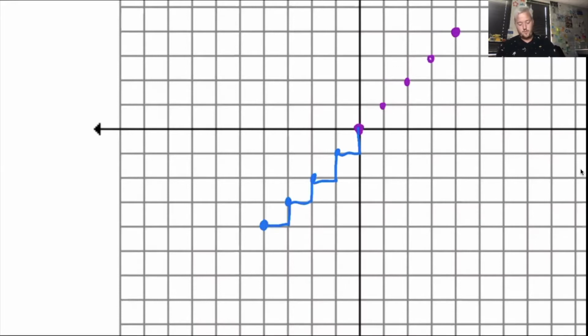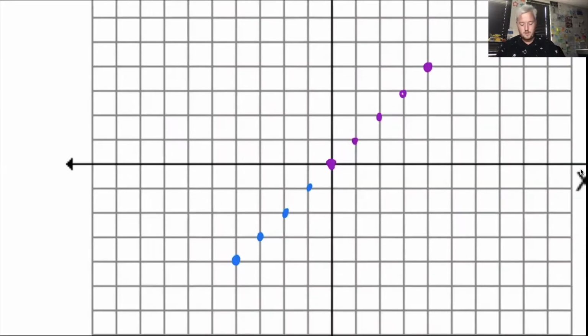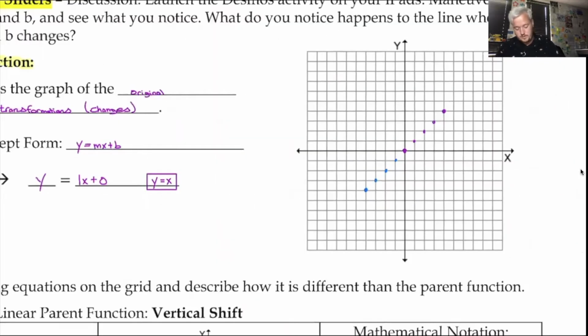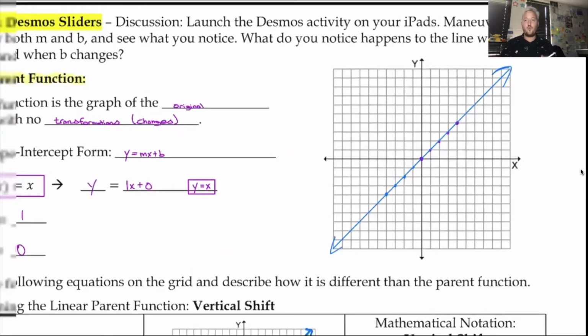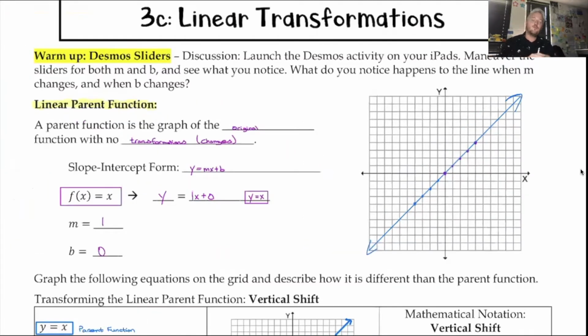As mentioned before, you only need 2 points to form the line, but just to give you some practice, because graphing is very important. Now I'm going to extend and draw some arrows. So this is our linear parent function, the original with literally no transformations.